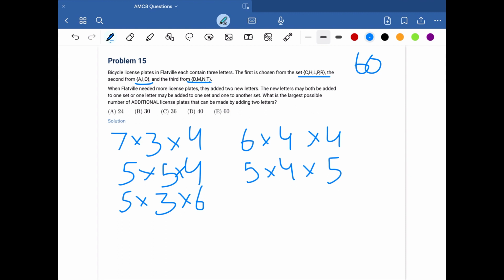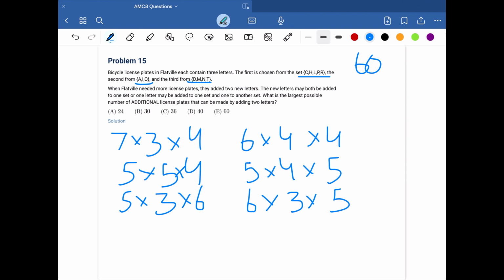And then the last combination is if 1 was added to the first one and 1 was added to the last one, which is 6 times 3 times 5. So we need to find the greatest one of these. So we have to multiply all of these and find which one is the greatest.